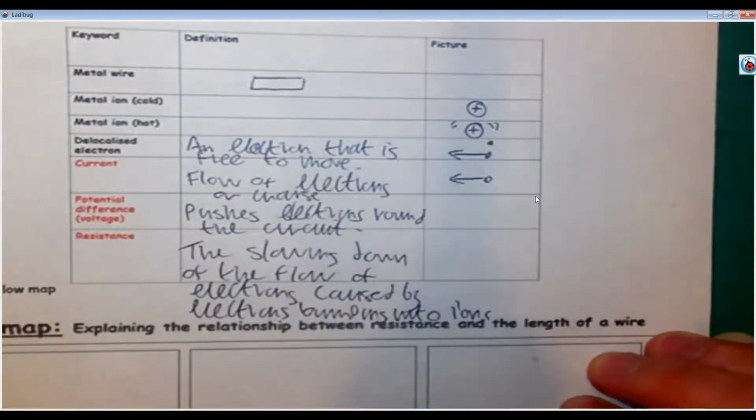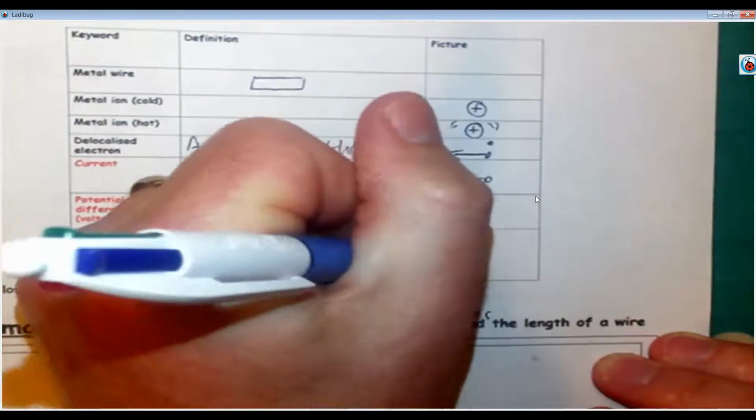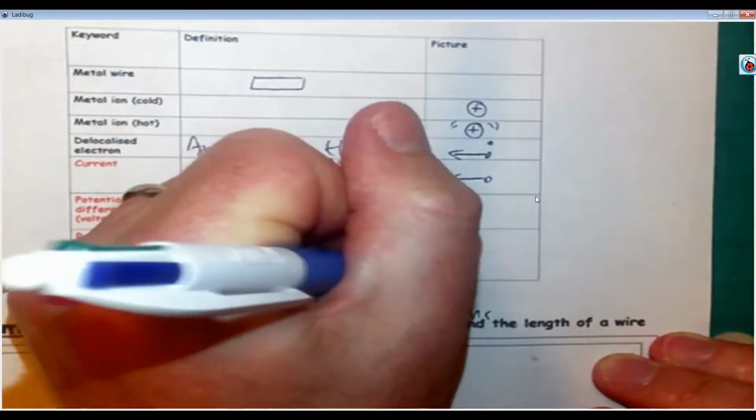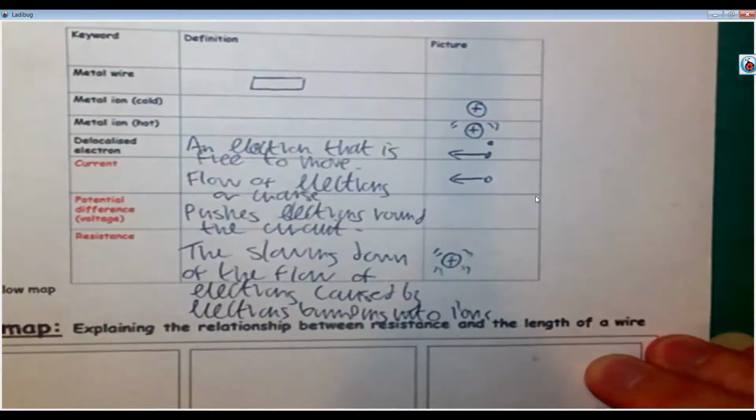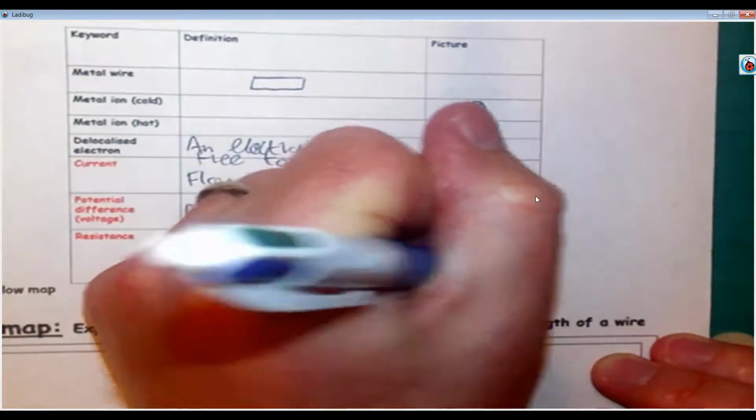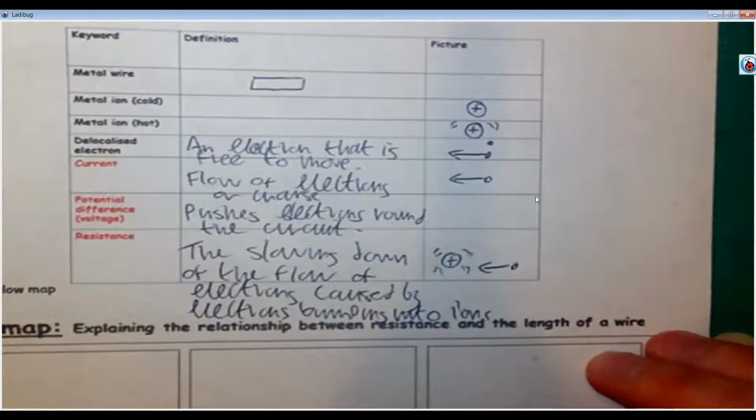So a pictorial representation of this would be your ion, which is moving about, and your free electron trying to move past it in the wire.